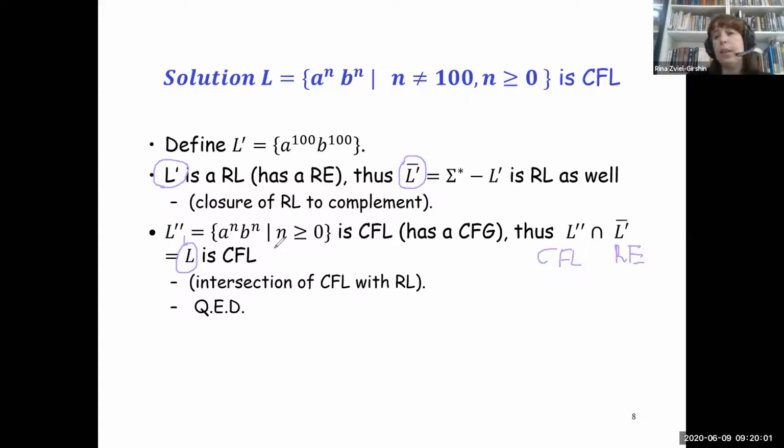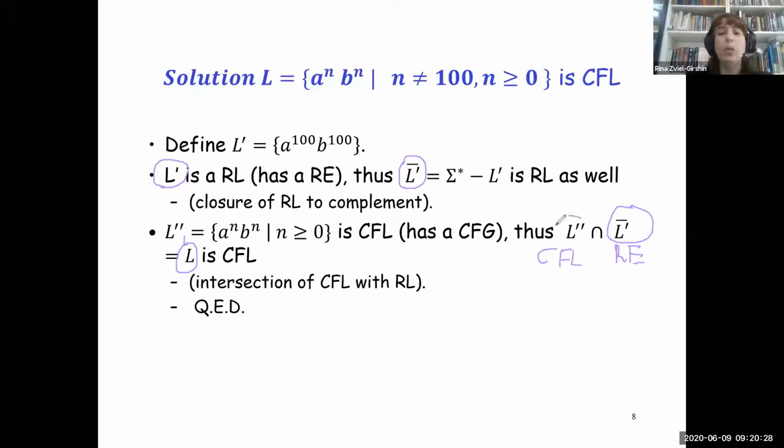Why is the intersection between L two cap and L cap complement our language? Once again, here we have all the words over the alphabet A B, but we don't have A in power of 100, B in power of 100.